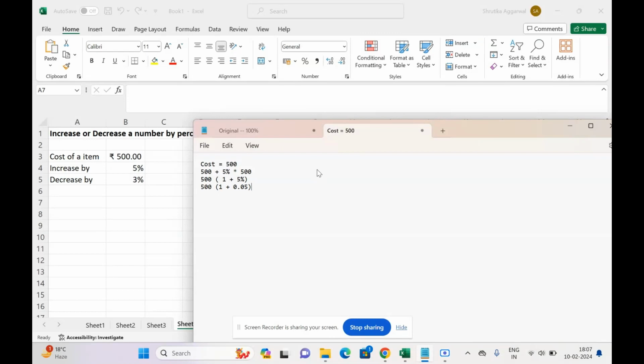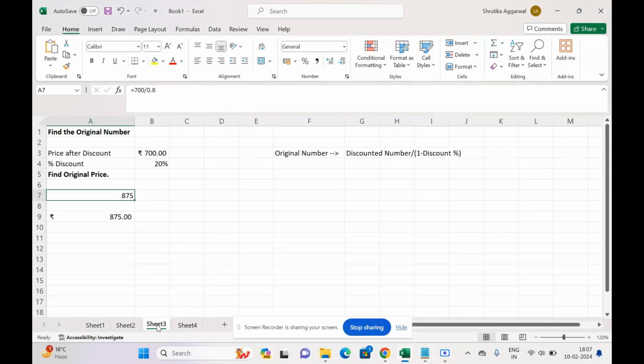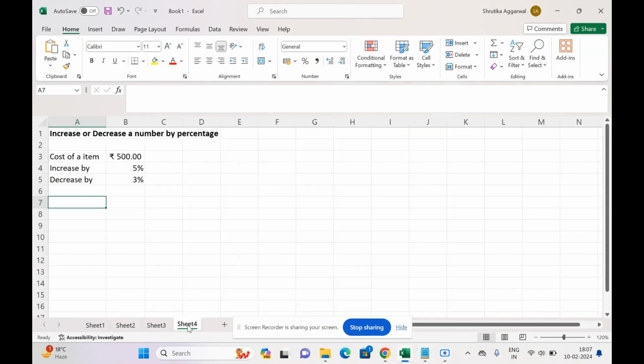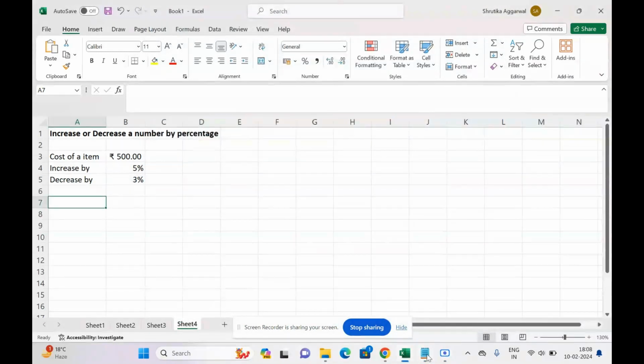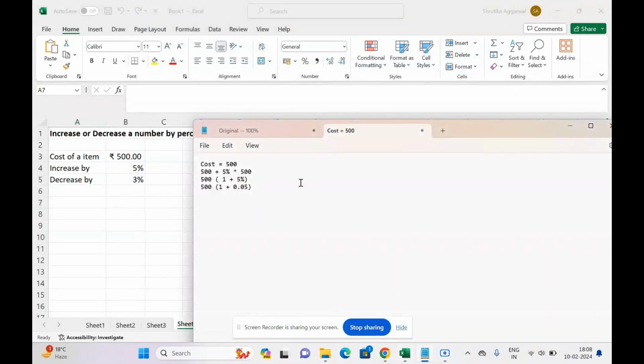So this becomes my new formula, if I want to see what the new cost of that item is. In the previous scenario, we had the new cost and we were finding the original cost. In this scenario, we have the original cost and we have to find the new cost. So my formula becomes the original cost, bracket open, 1 plus the percentage change.